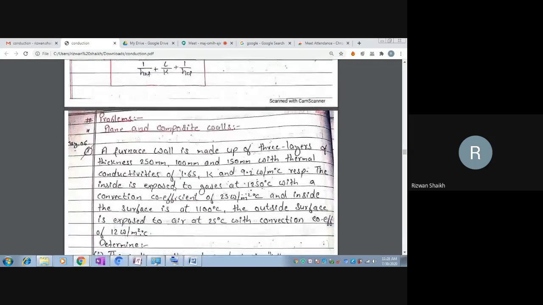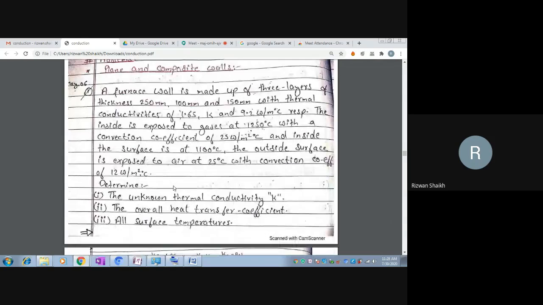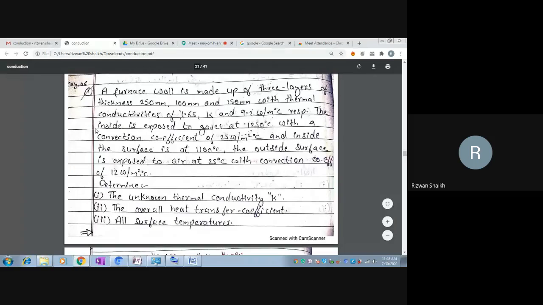We take one problem. Now you can read that problem thoroughly so that you can get some idea. A furnace wall is made up of three layers, of thickness 250 mm, 100 mm, and 150 mm, with thermal conductivity of 1.65, K, and 9.2 watt per meter degree Celsius respectively.